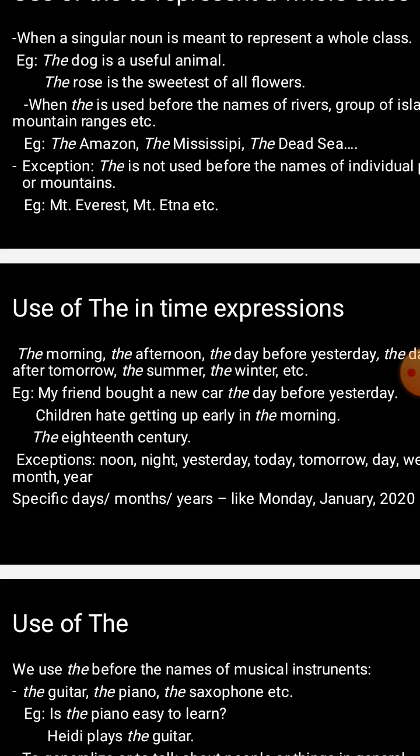I met him yesterday, or today, tomorrow, and so on. Again, for specific days, months, years, like Monday, Tuesday, you don't say the Monday, the Tuesday. The January, no. So those do not take any articles: names of months, names of the days of the week. They don't take the article the.